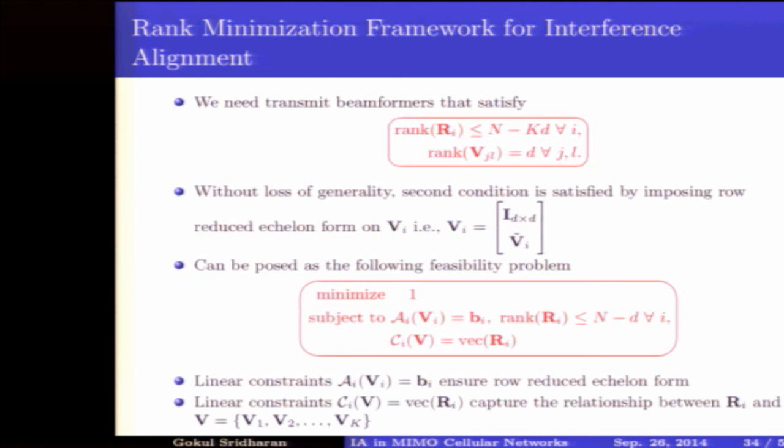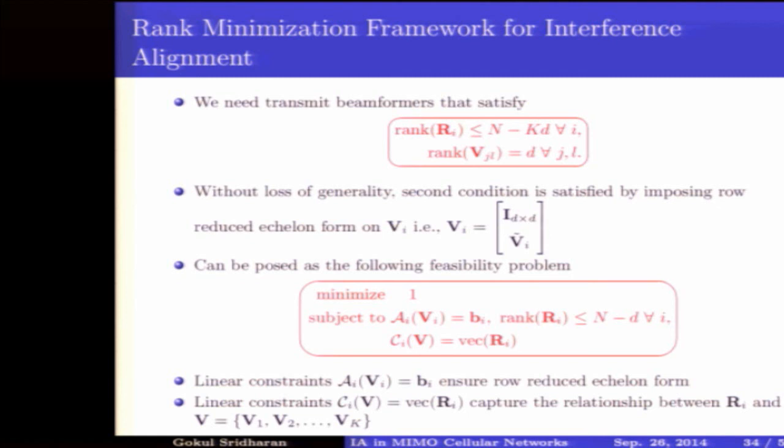You just impose the row-reduced echelon form on V, so that you force the first part of V to be identity and the rest to be random, left to design. So this is easily taken care of.